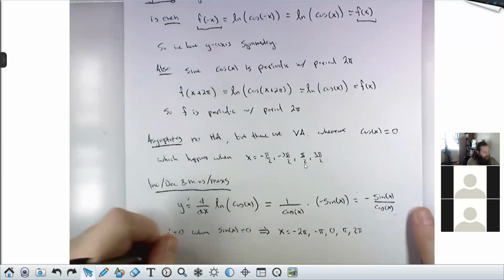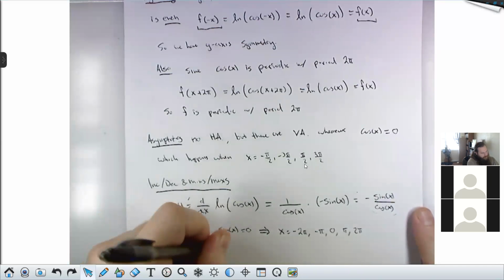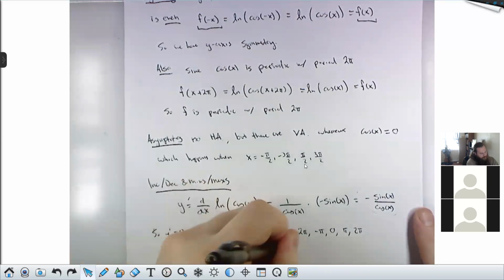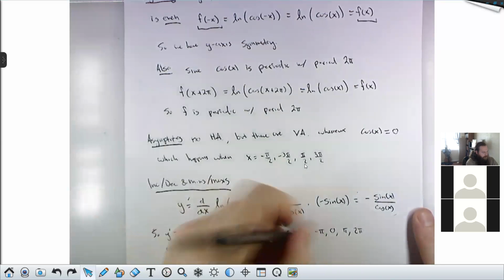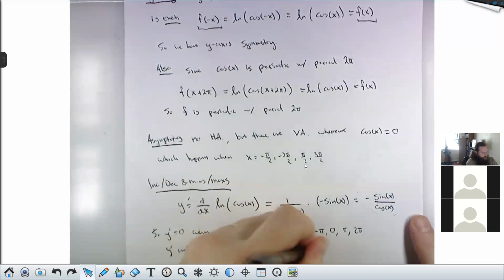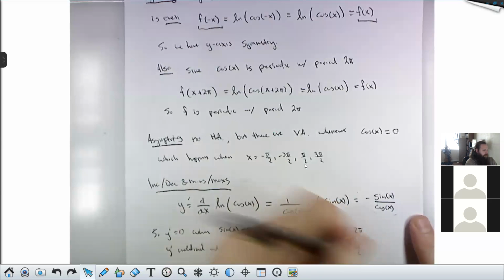And y prime is undefined when cos x is equal to 0, which would be those same numbers we had a second ago. We found those with our vertical asymptotes. So that's negative 3 pi over 2, negative pi over 2, pi over 2, and positive 3 pi over 2.